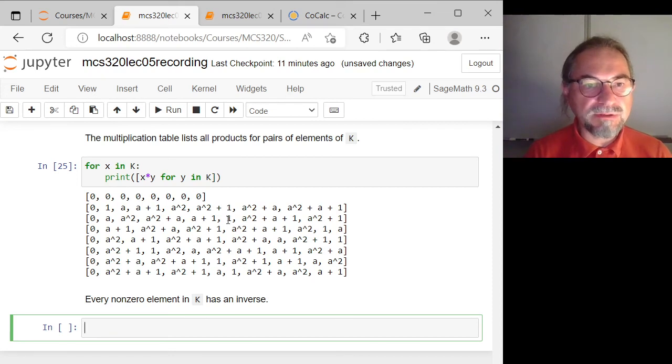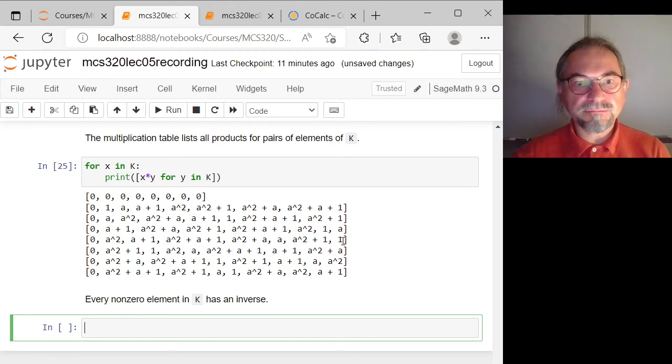So you have a 1 sitting here, and there is a 1 sitting over here as well. What does this last 1 here mean? It means that if you multiply a squared with the last element, then that will give you 1.